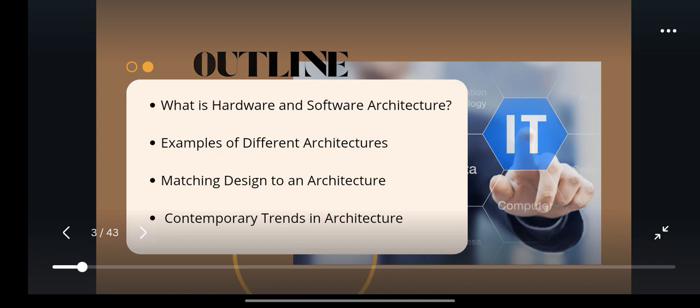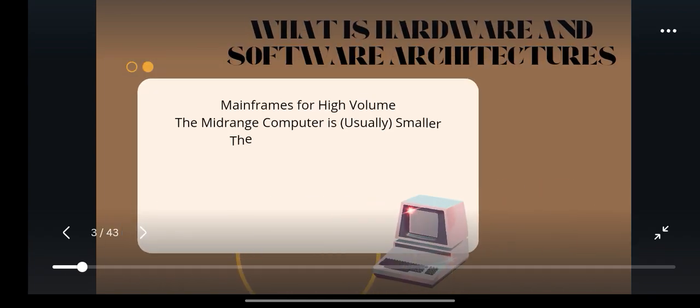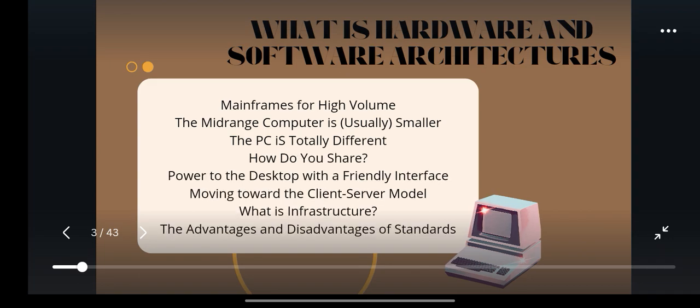So, first, we're going to discuss the first outline, that is what is hardware and software architectures. So here are the subtopics of this outline. First is mainframe for high volume. Second is the mid-range computer is usually smaller.